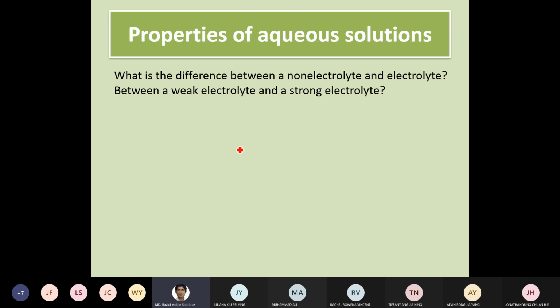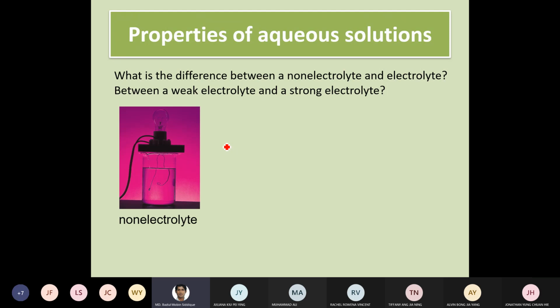And depending on the chemical identity and these properties, the solute turns the solution different ways. Some are non-electrolytes, some are very strong electrolytes, and some are medium.